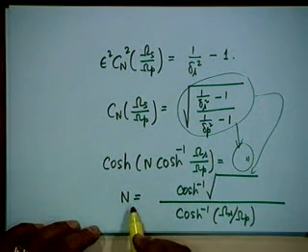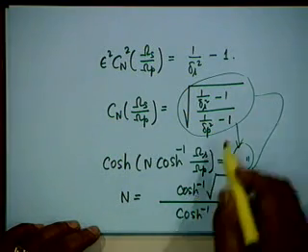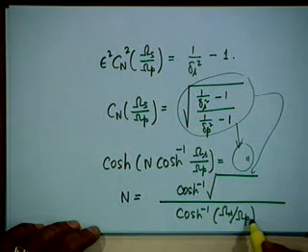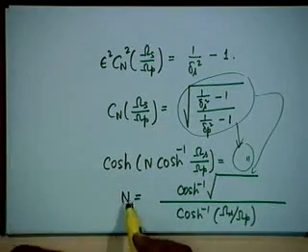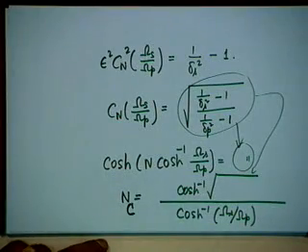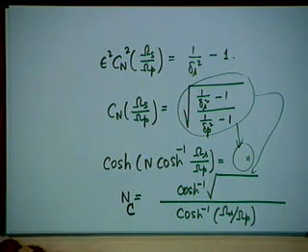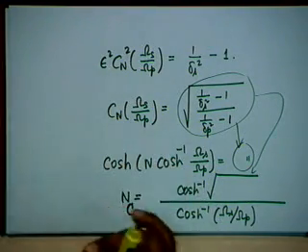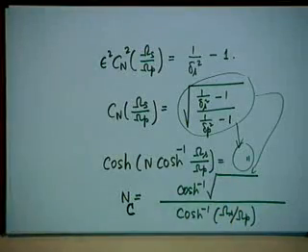So, capital N, the order, is given by cos inverse this quantity divided by cos inverse omega S by omega P. And if you compare with Butterworth, that's when we use the subscript capital C. Order of Chebyshev is a ratio of 2 cos inverses. The arguments are the same as in Butterworth, except that in Butterworth cos inverse is replaced by log.